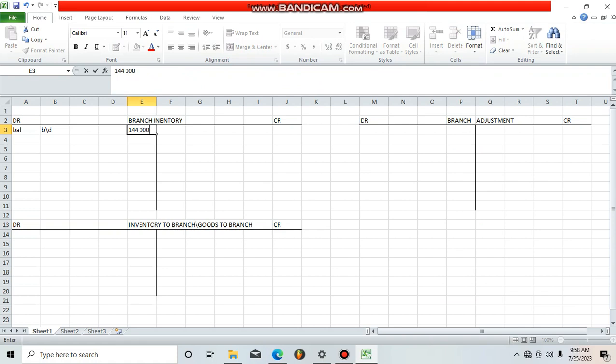So remember, before we go any further, let's take this amount and multiply by the 60. Using the selling price, the markup is 60%. So we're going to take this amount, 144,000, and multiply it by 60 divided by 160 to get the balance brought down for branch adjustment.